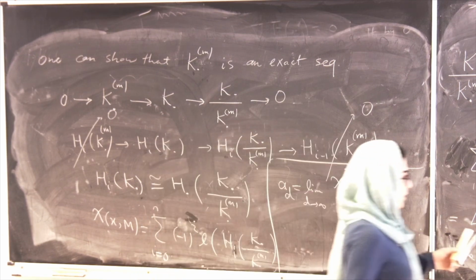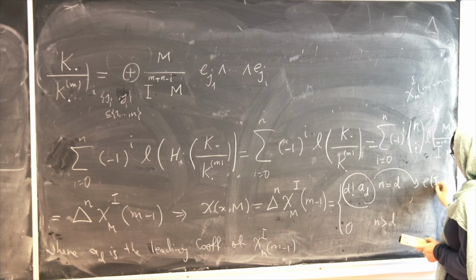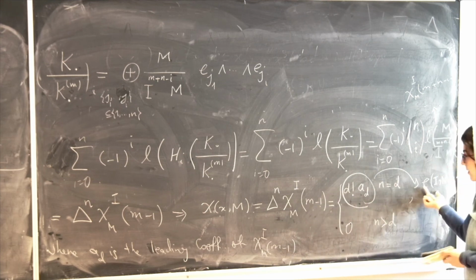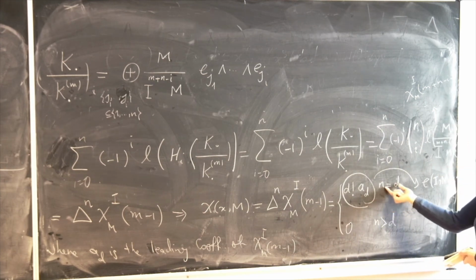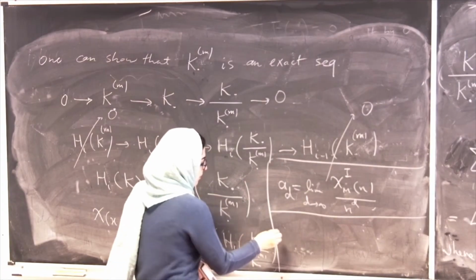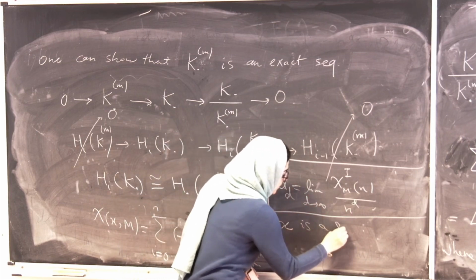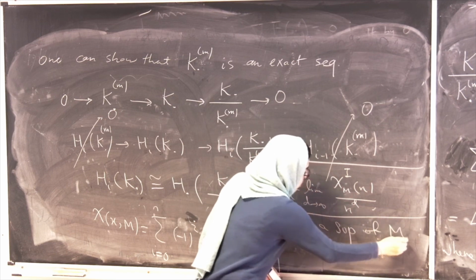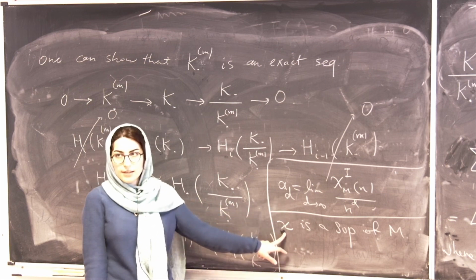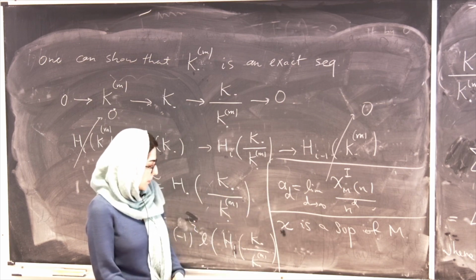So this is just the multiplicity with respect to I. And when this equality happens, when n is equal to d, this means exactly that the sequence x is a system of parameters of M, because n is exactly the length of this sequence, and when the length of this sequence is exactly the dimension of the module, by definition it means that it is a system of parameters of M.